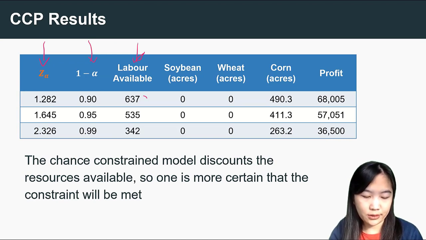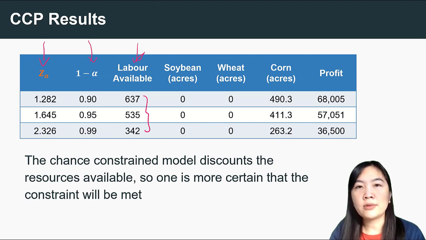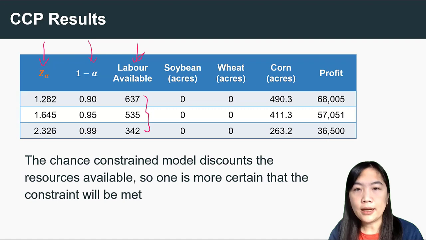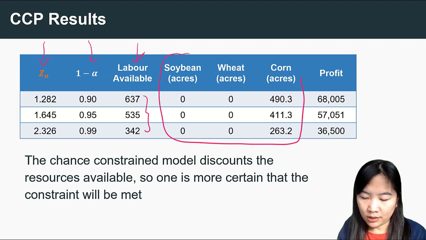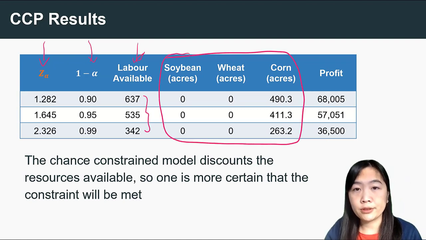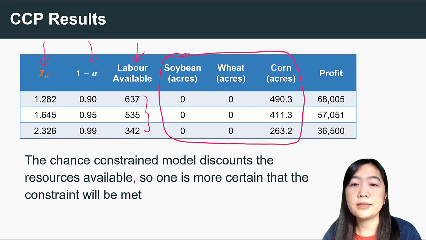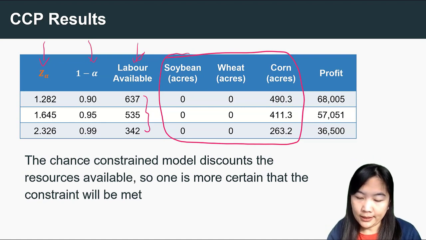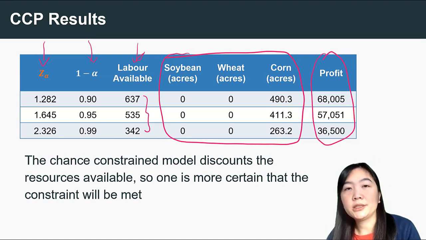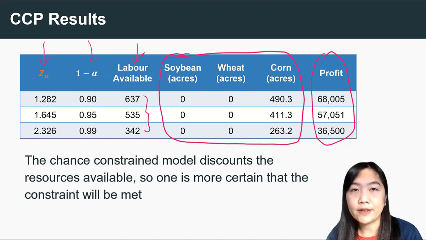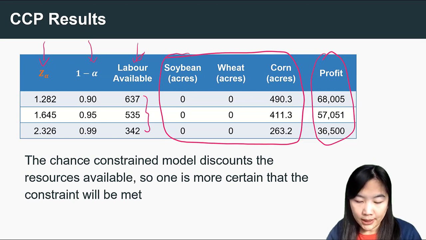And those are the three right-hand side values for the labor constraint. And then those three columns here are the optimal solutions for each of the Z alpha values. And again, the last column here is the profit, or the expected profit, which is the objective function value here.